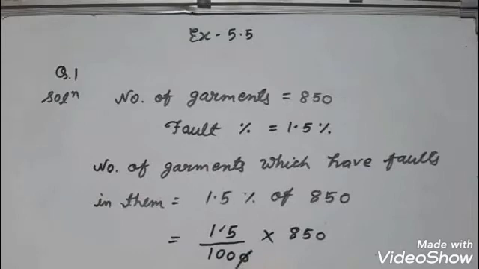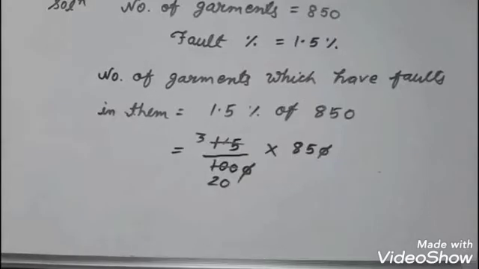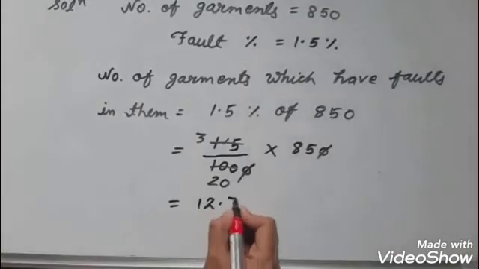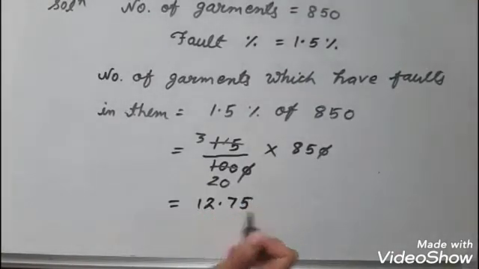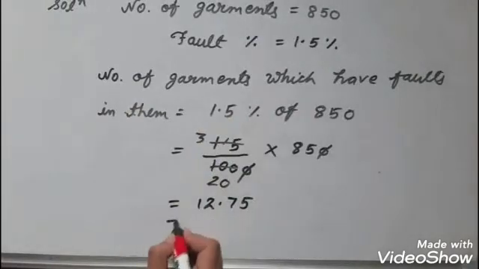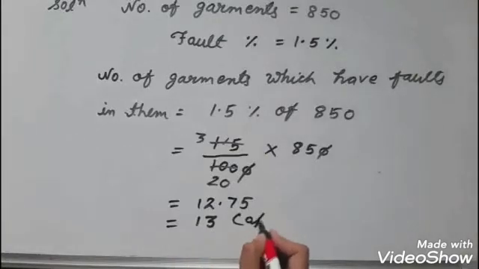We can cancel this and we can calculate these numbers. After calculation, we will get 12.75, and number of garments can't be a decimal number, so we can write our answer as a whole number, that is approx 13. So it is the answer.